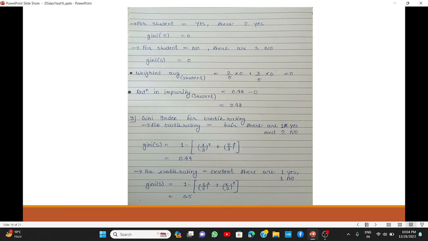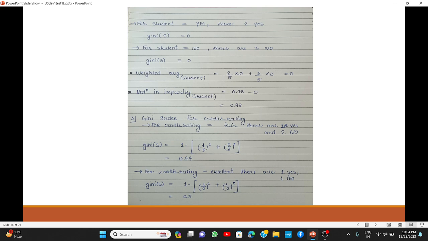Now Gini index for student. In student, in yes there are 2 yes, so Gini for yes is 0, and Gini for no is also 0, and the weighted average of student is also 0, and the reduction in impurity of student is 0.48. Now Gini index for credit rating.